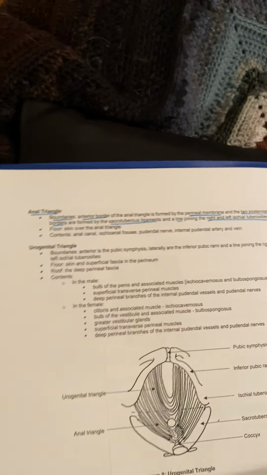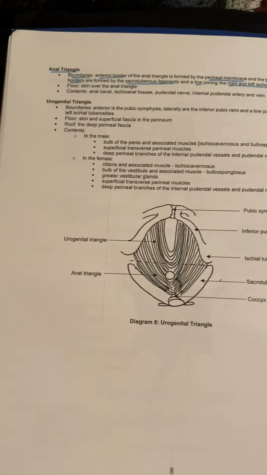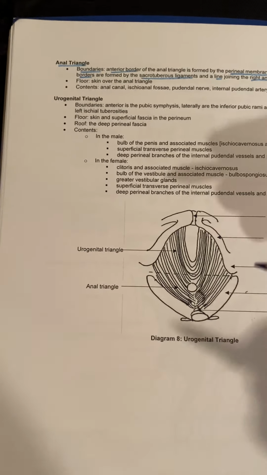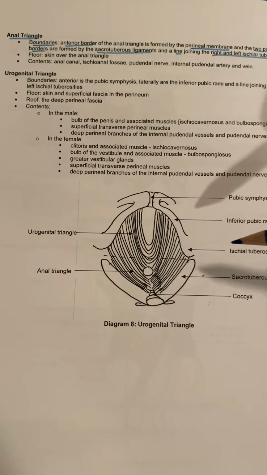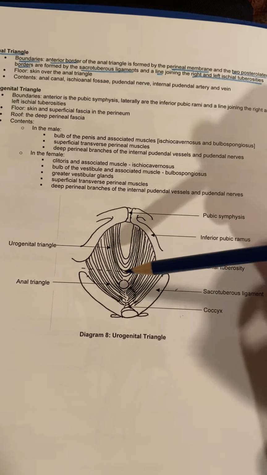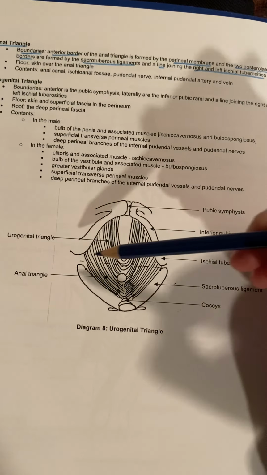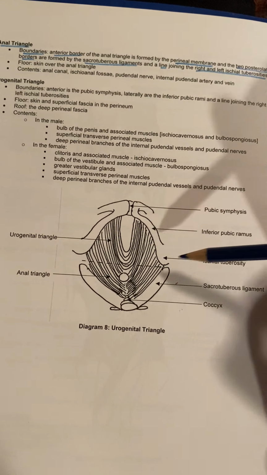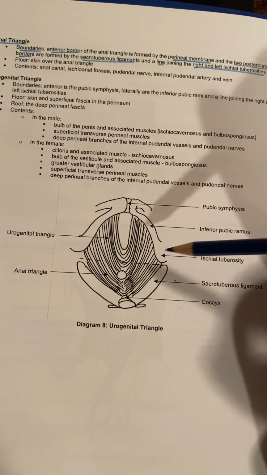Oh, I see. Okay. So let's look at it. These are the ischial tuberosities, or the line between the two. So that's the anal triangle.